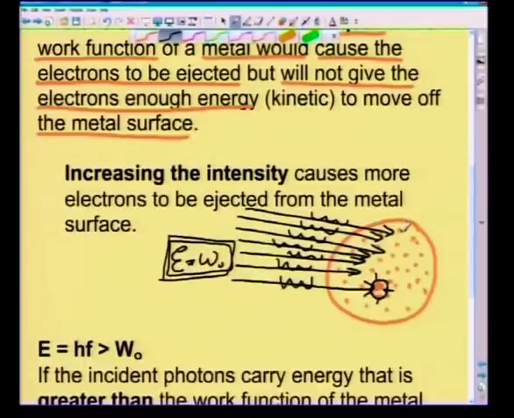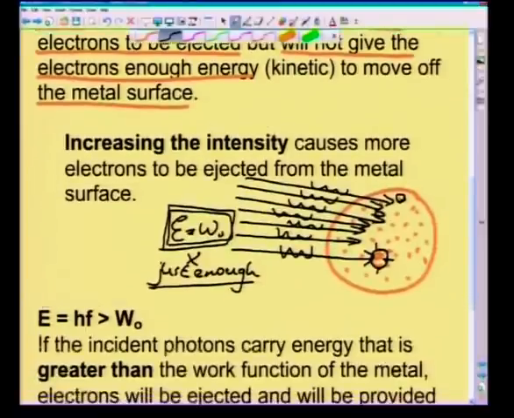It goes up, comes back, settles. Goes up, comes back, settles. Moves sideways, the other way, comes back and settles. Okay? Because the energy is just enough. Energy just enough to eject the electron, but not give it enough energy to move off the surface of the metal.